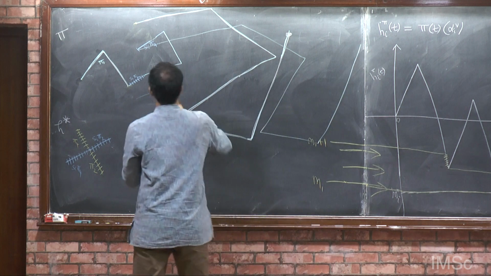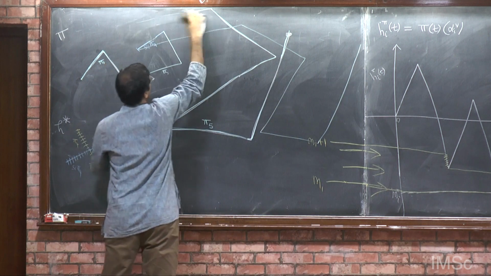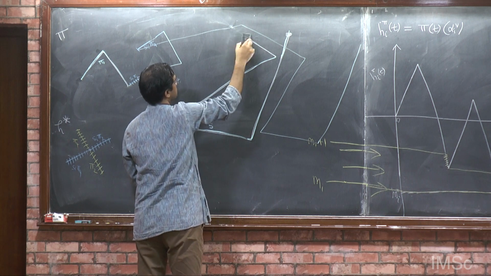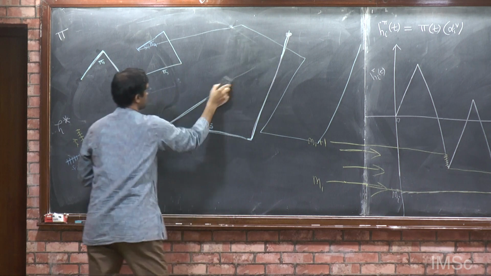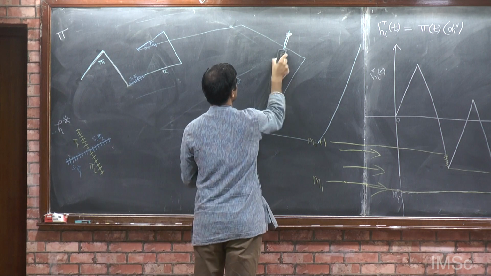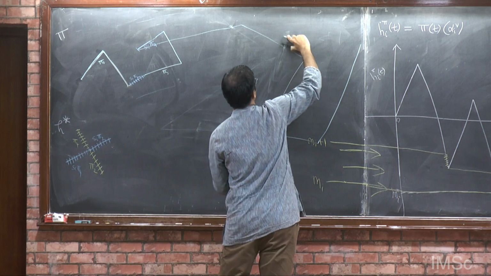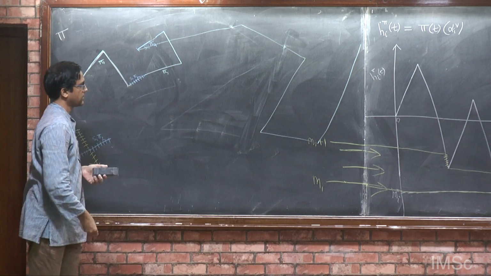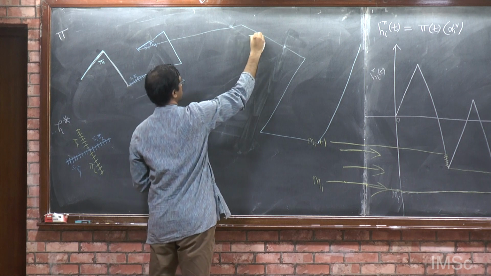Let me get rid of the original path. So this was my original pi 5, which I have replaced by this other part. So this is my pi 5 after it's translated.